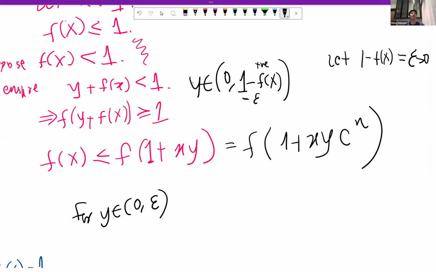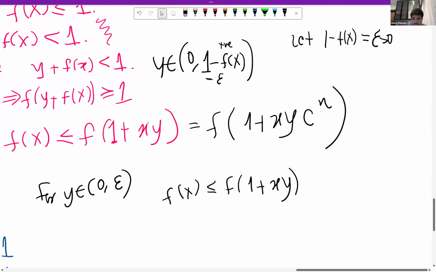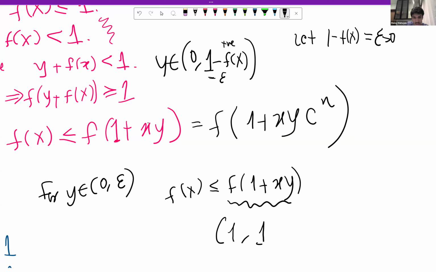For y in this range, I have fx is at max f of 1 plus xy. As I vary y, this quantity goes from 1 to 1 plus epsilon x.